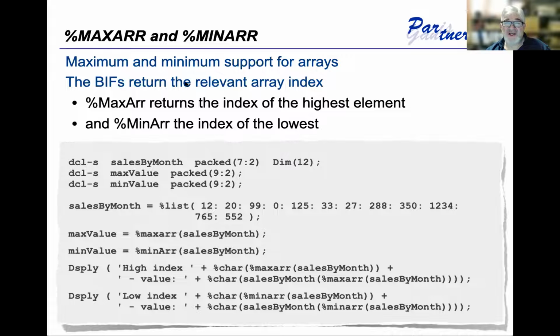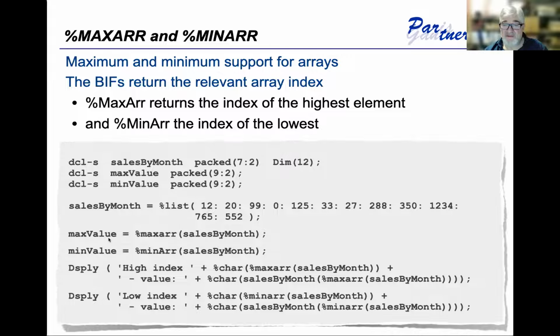So these new functions actually return the index from the array. If I have something like this, I've got an array of 12 sales by month. I can use %list to put some values in there. This is just from a test program. So there's a list of values that are going to populate this array.